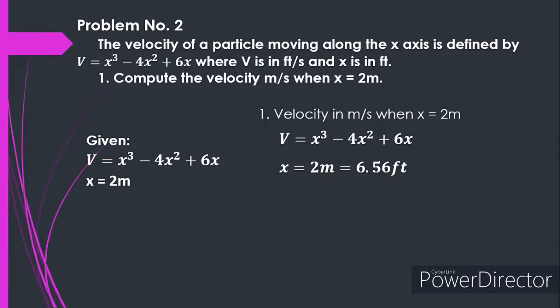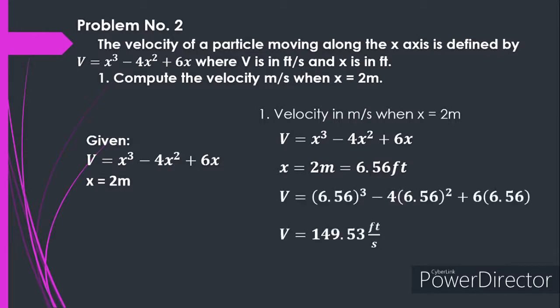So, x or the s is equals to 2 meters. Ilan siya sa feet? 6.56 feet. So, substitute, direct substitution, v is equals to 149.53 feet per second.